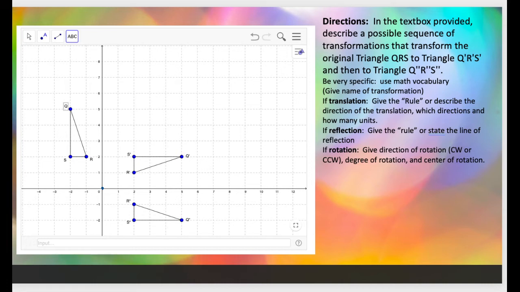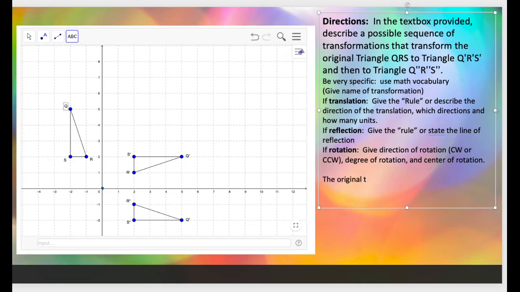So I'm going to demonstrate what I would type into my text box or on my notes for this particular question. I'm going to start by referring to the original triangle, which is QRS.